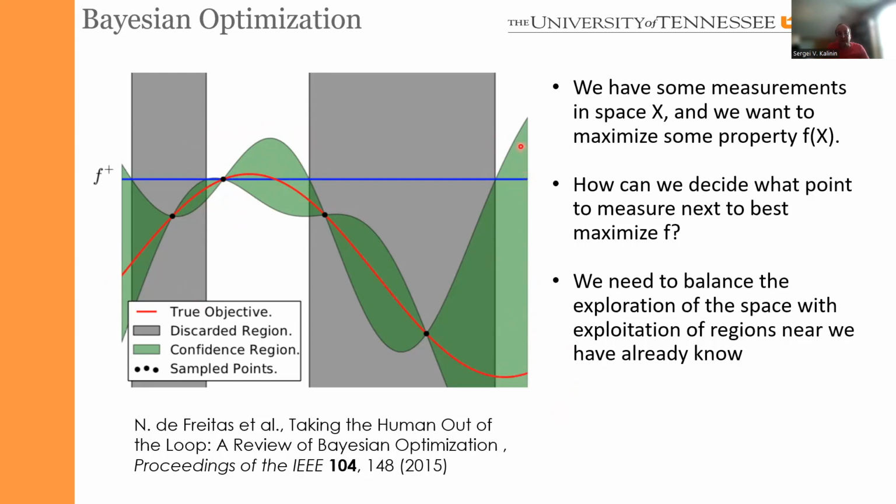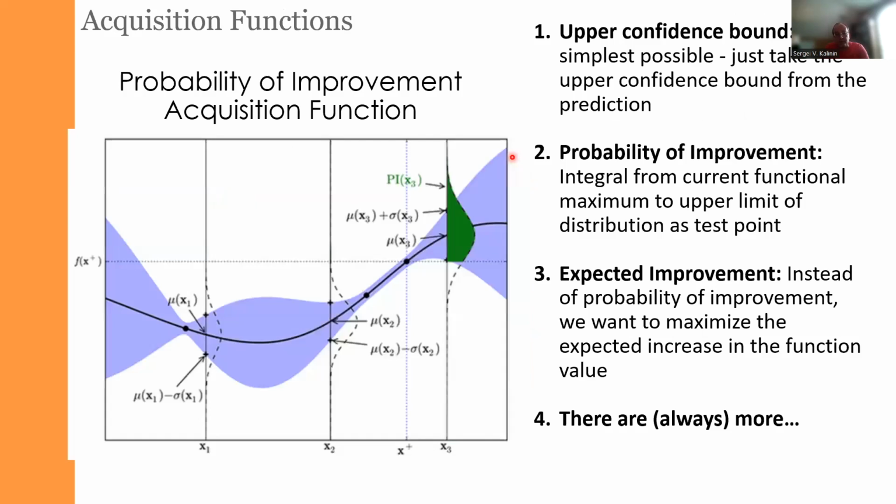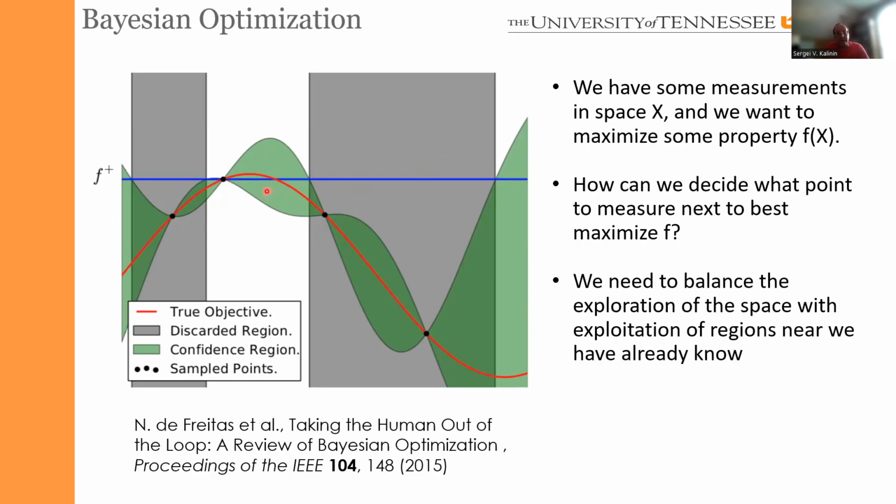There may be maxima here as well. And this becomes what is called the balance between exploration and exploitation. Exploitation means that we look for a solution close to the expected maximum. Exploration means that we also explore the regions where the uncertainty is sufficiently high.